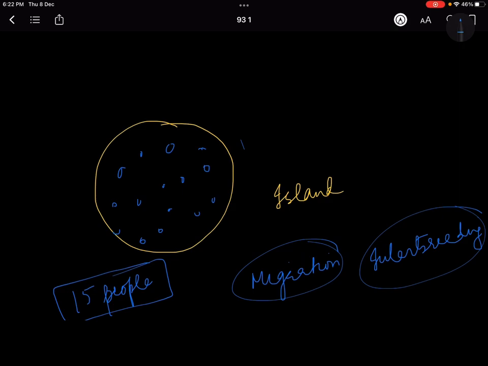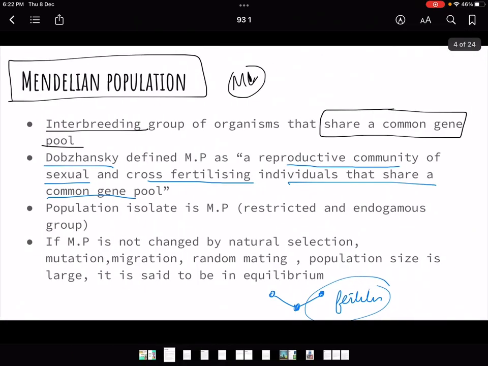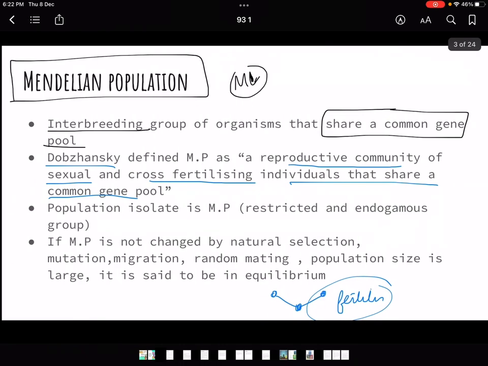When they breed amongst themselves, they are creating a common gene pool. Whatever genes are there in these 15 people, only those are going to get into the next generations. A different gene which is not present in these 15 people is not going to come. So it is based on the concept of population isolation.